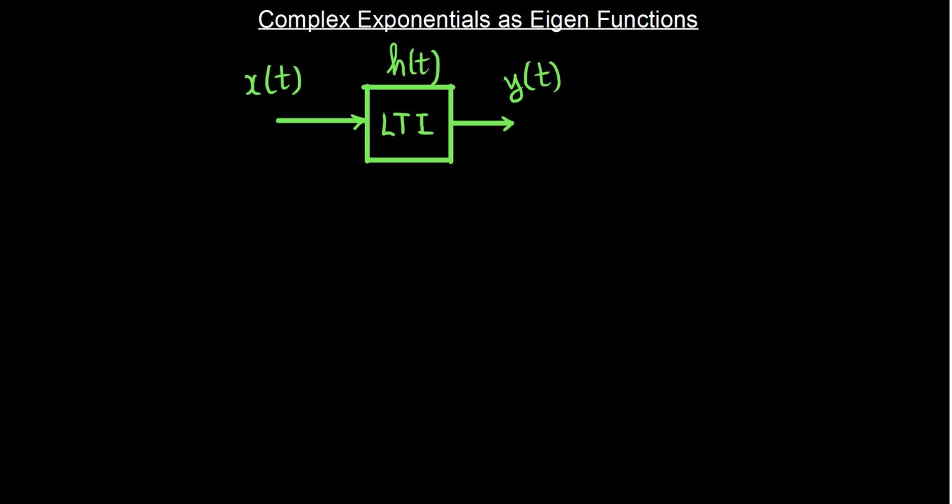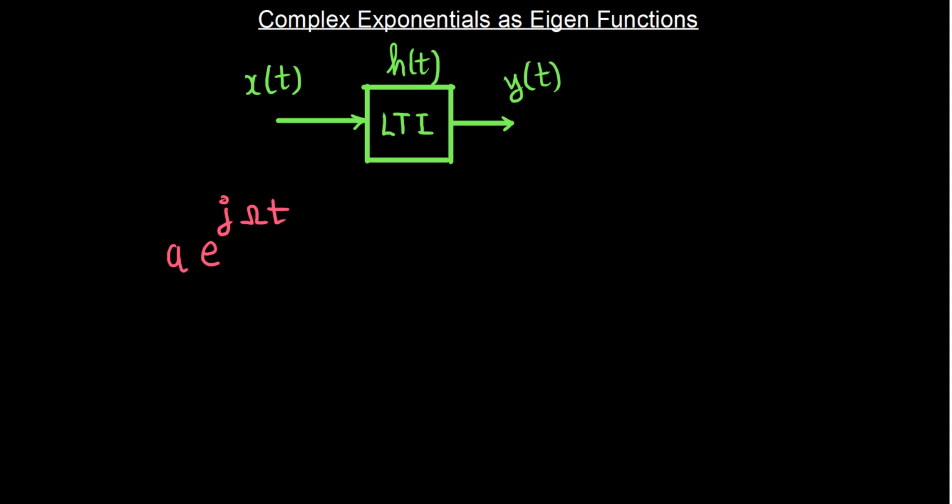Meaning, let's suppose we are having a complex exponential. So in general, the complex exponential is expressed as e to the power j omega t, and let's assume that there is a constant here, let it be a.